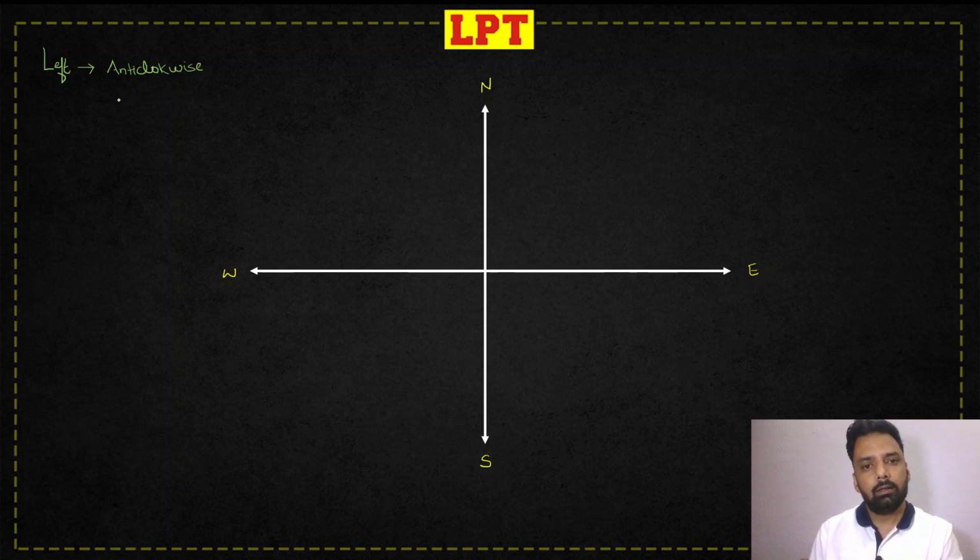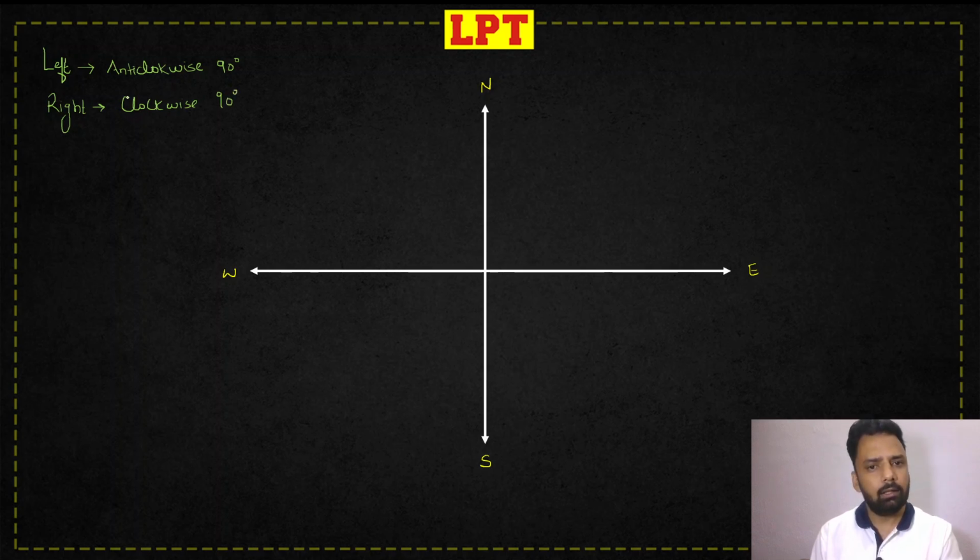direction. We know clockwise direction and anti-clockwise direction. So if I have to turn left, just keep in mind to turn anti-clockwise 90 degree. If I say turn right, you just have to turn 90 degree in the clockwise direction.